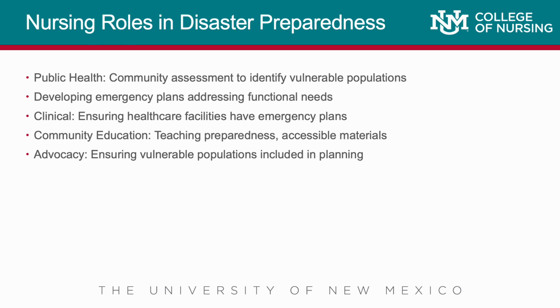As we move into the final section of this presentation, I want to focus a little bit on specific responsibilities of nurses. Nursing in a disaster is different from nursing in a stable clinical environment. It requires a shift from individual-centered care to population-centered care.